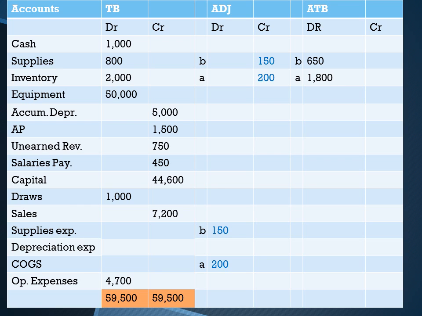In the case of supplies, we record those as an asset when they're purchased, and if I have an $800 trial balance debit and I know I'm ending with $650 based on my physical inventory, that means I used $150. And of course, to reduce that debit balance, I need a credit entry. The offsetting entry is going to be towards the bottom. You'll see supplies expense, and we're expensing that much because that's how much was used during this period.